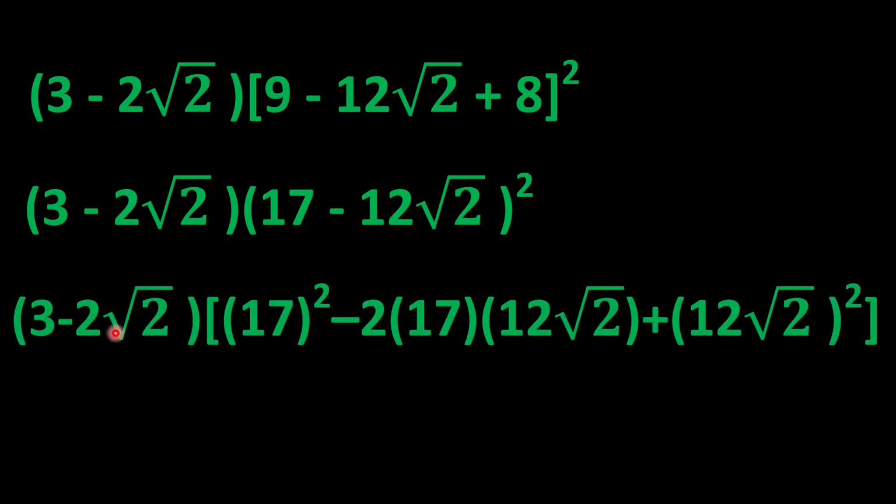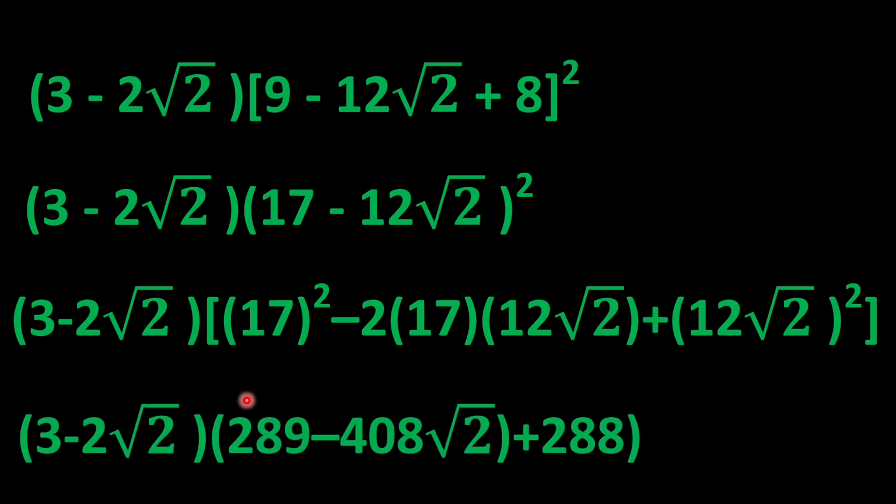This part will come as such in the question, and this will become a square, that is 17 square, minus 2ab, here a is 17, b is 12 under root 2, plus b square. 17 square is 289, minus 2 times 17 times 12 is equal to 408 under root 2, and 12 times 12 equal to 144 times 2 equal to 288.